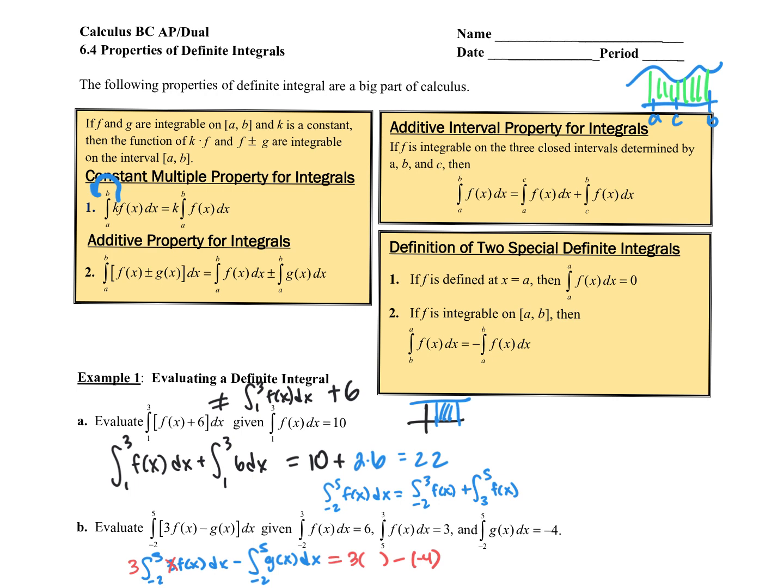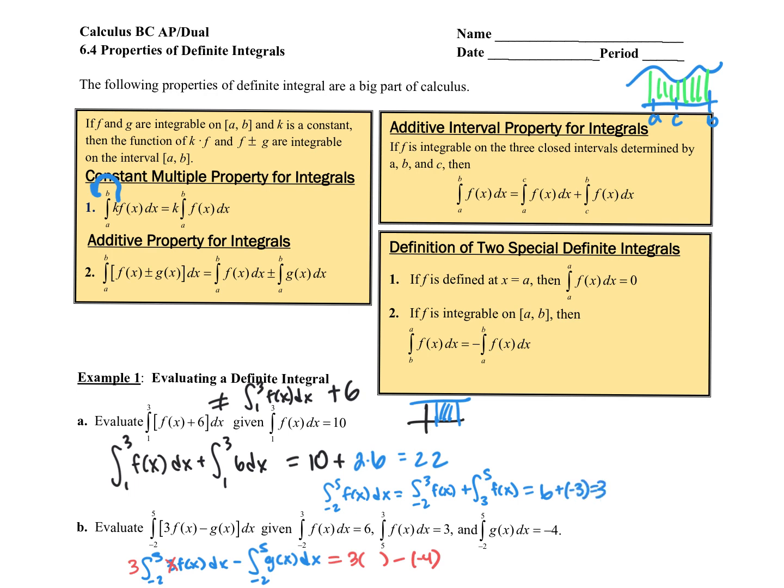So -2 to 3 of f is what? 6. What's 3 to 5 of f? -3, right? It's not just 3. You can't just add these together because this one isn't 3 to 5. It's 5 to 3. So if you want to flip it, you got to make it negative. So that'll be plus -3.